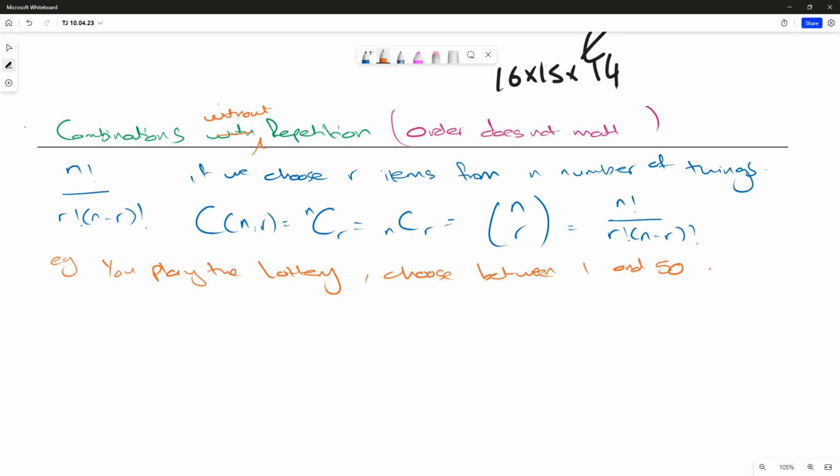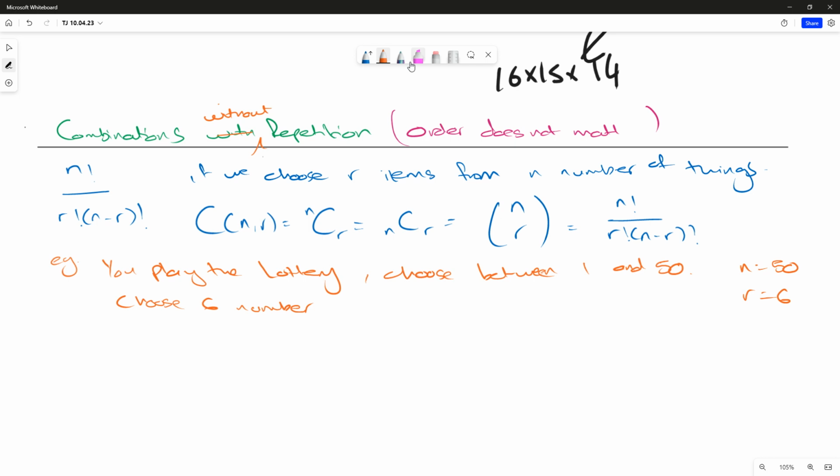So you've got a total of 50 options there, and that's going to be n. So n will equal 50. And whenever you play the lotto, you choose 6 numbers. So r will be equal to 6 for this.